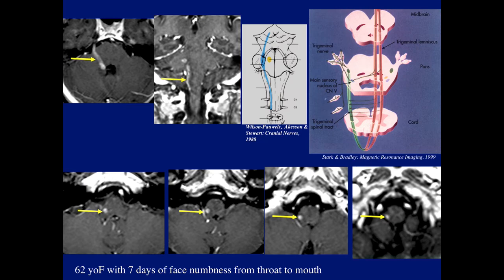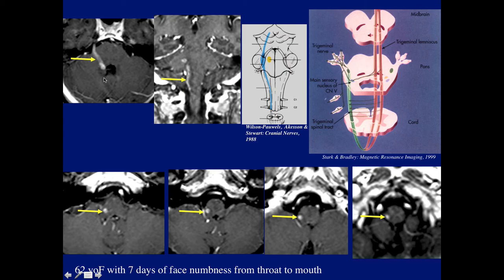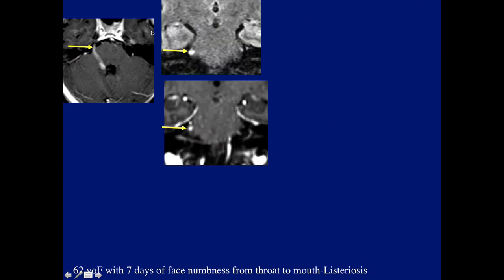And again, this case that I showed last week of listeriosis, again showing all the findings I pointed out last week along the track and going all the way down to the medulla along the descending spinal trigeminal tract. And again, just to point out the enhancement of the cisternal portion of the trigeminal nerve, in addition to all the other enhancements. So listeriosis, an important condition not to forget about.